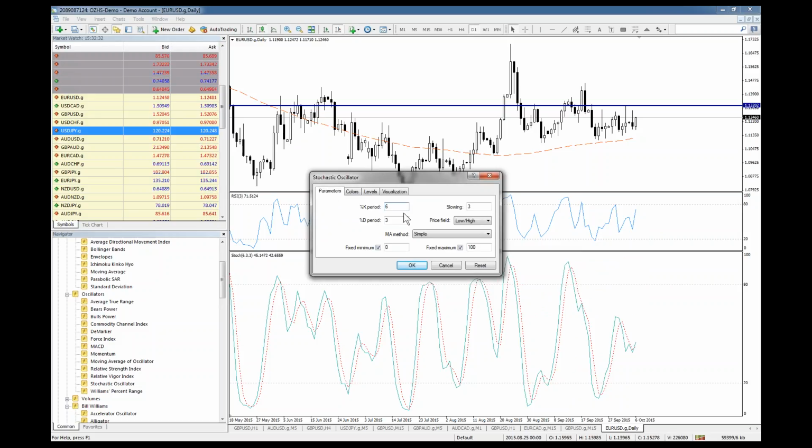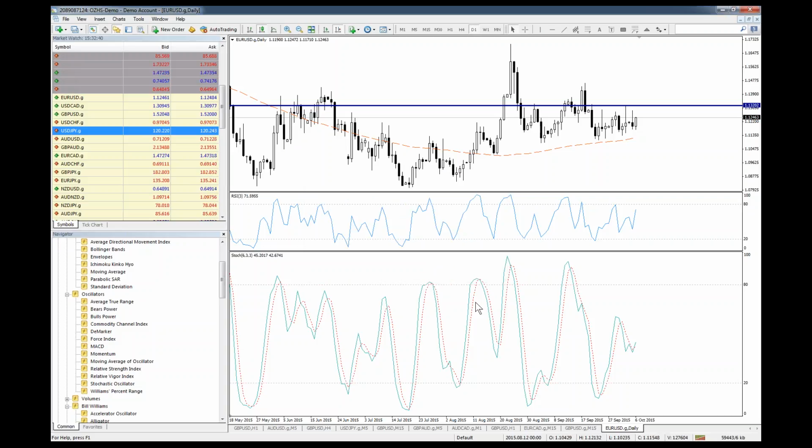Lou, do you even need the RSI on there? Because the RSI and the stocks are never going to be in conflict with each other, are they? No, not necessarily, because they're measuring slightly different things. You see this touch right here? We don't get it here.